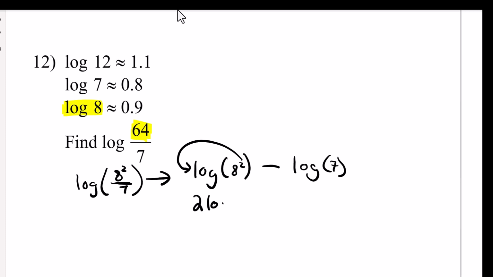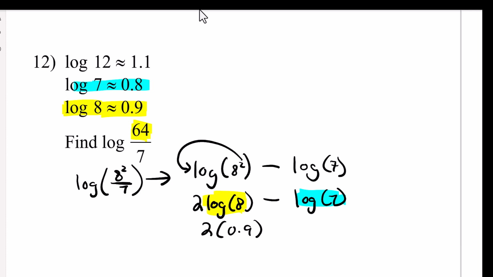So 2 times log 8, subtract log 7. Well, now we can just put in these values. So 2 times 0.9, subtract 0.8. So this is 1.8, subtract 0.8. We've got approximately 1.